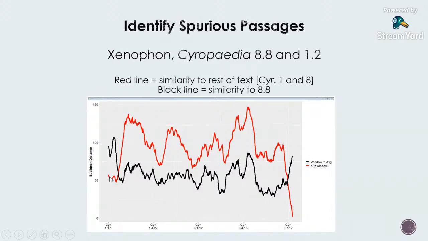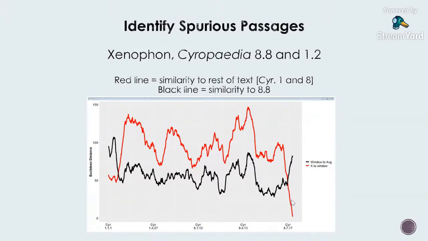Then he added how similar they were to 8.8, and we get the red line. These spikes don't concern me very much because they exist here as well. What's interesting is where the lines cross. What we can conclude is that 1.2 looks much more like 8.8 than it looks like anything else in the work, so there's a high likelihood that this was written by a different author.